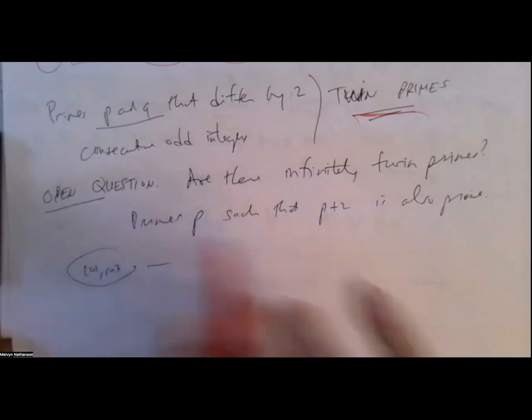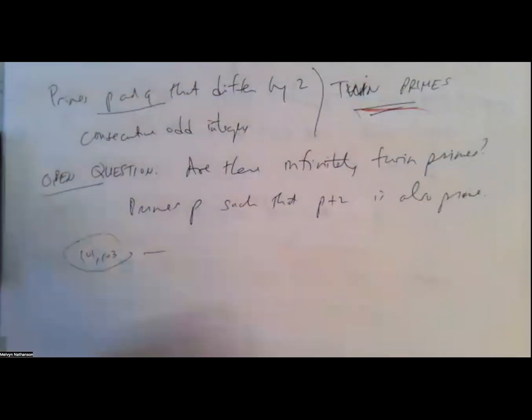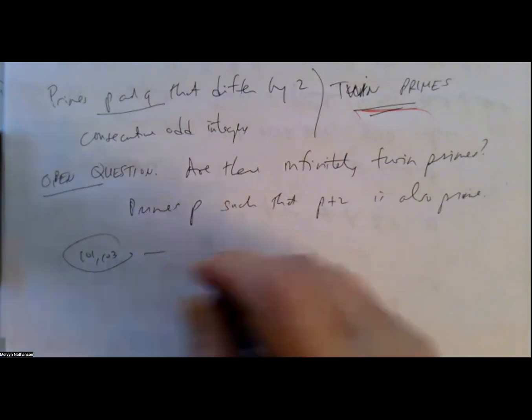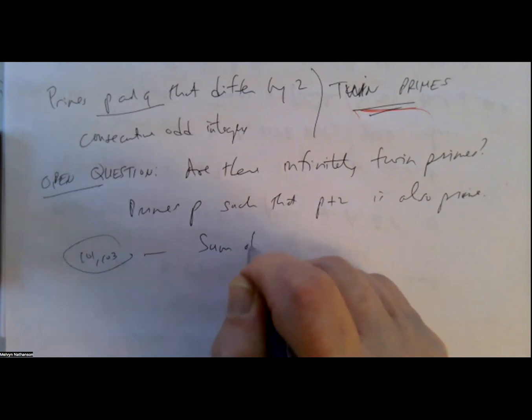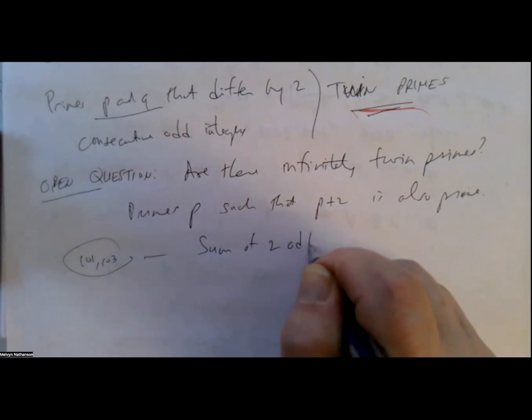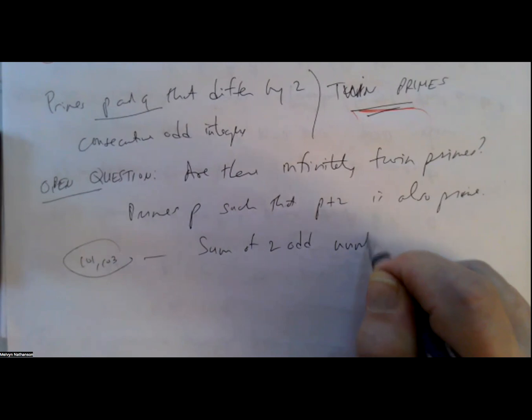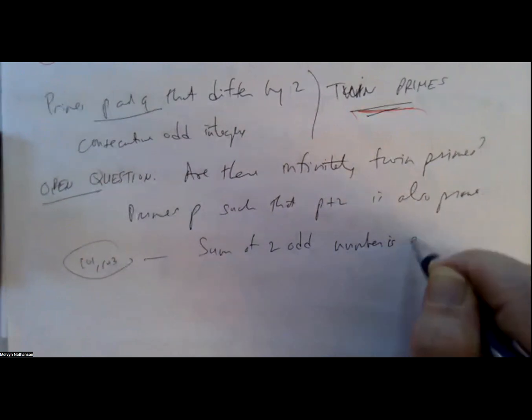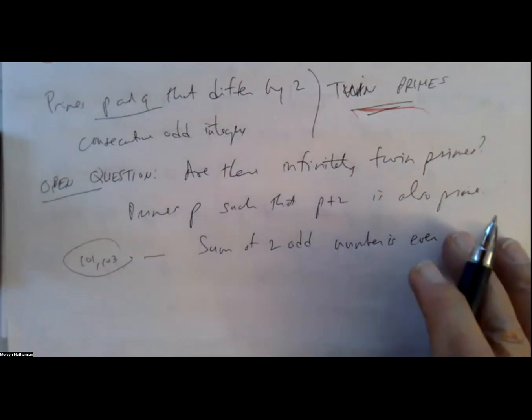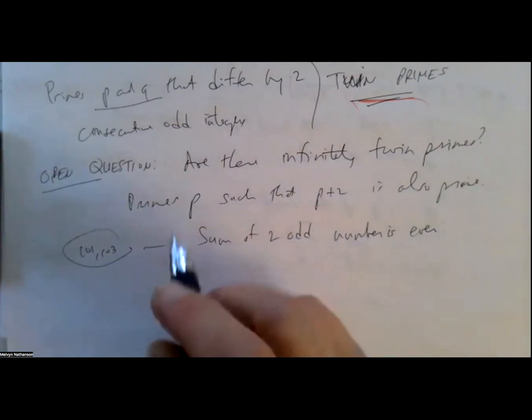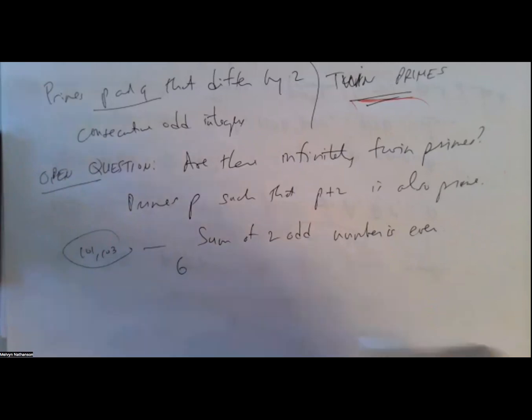Here's another open question. If you take odd primes, the sum of two odd numbers is even. Let's say you take 6.